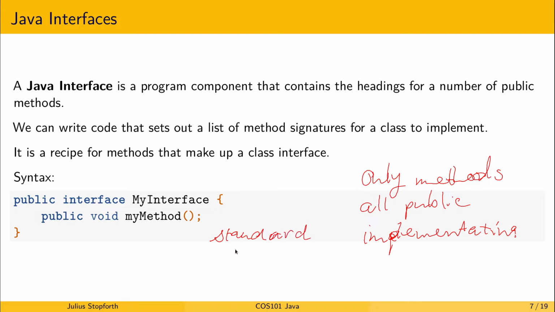A good way to think of it is standard behavior, or API, application programming interface. An example of that would be the toString method. Something that looks for a toString method is system.out.println.